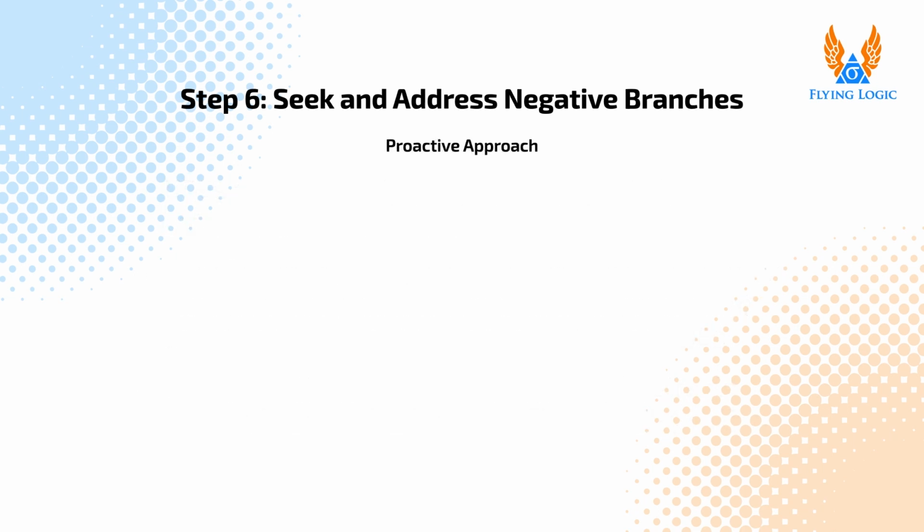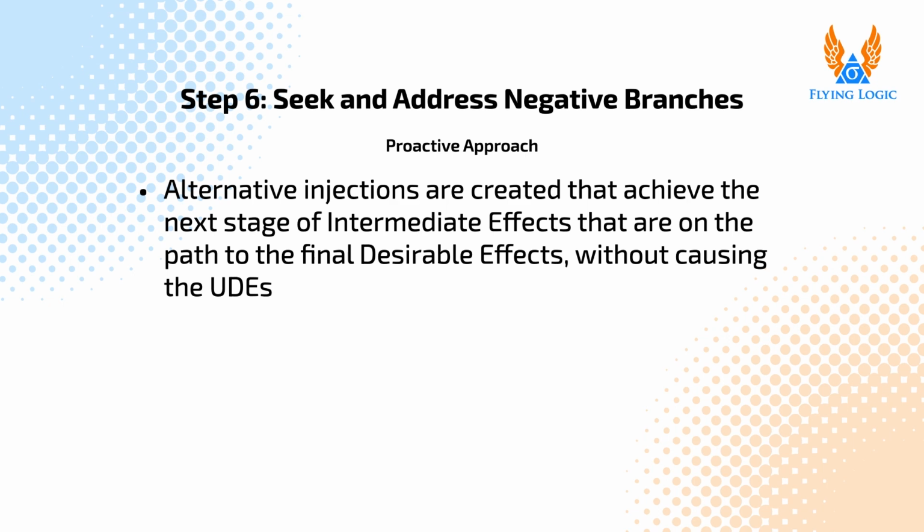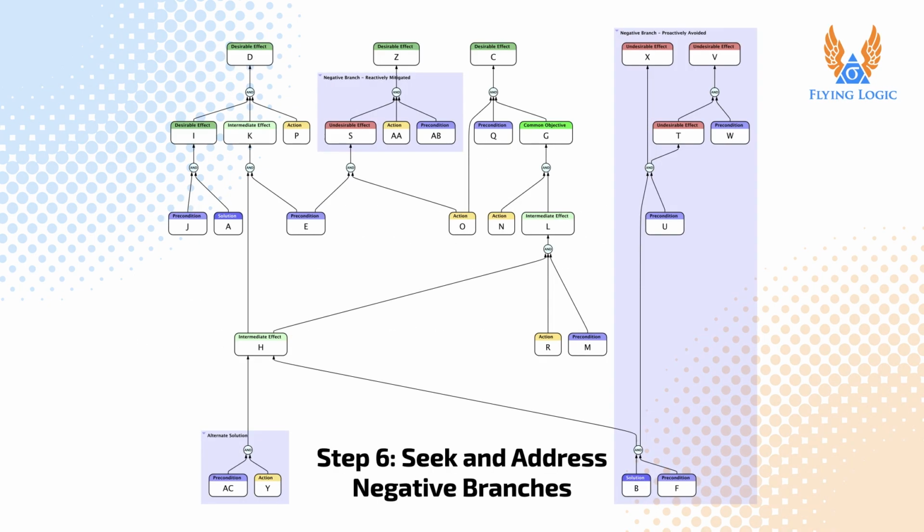In the proactive approach, alternative injections are created that achieve the same state of intermediate effects that are on the path to the final desirable effects without causing undesirable effects. This is also known as trimming the negative branch.